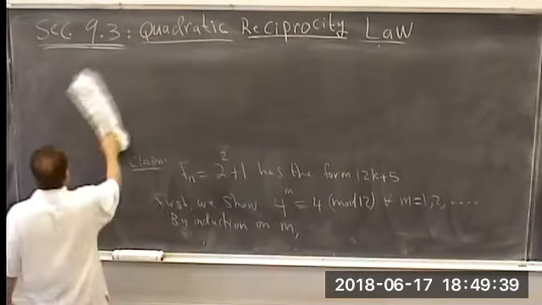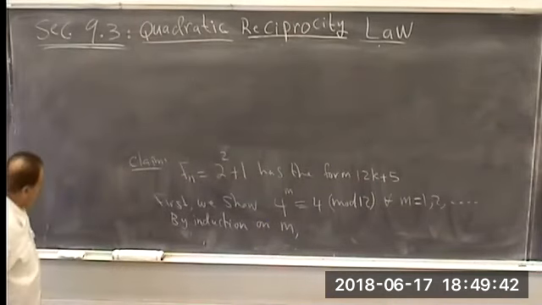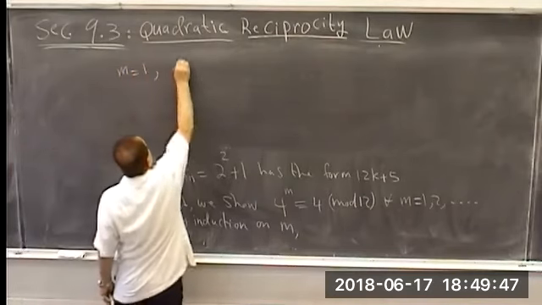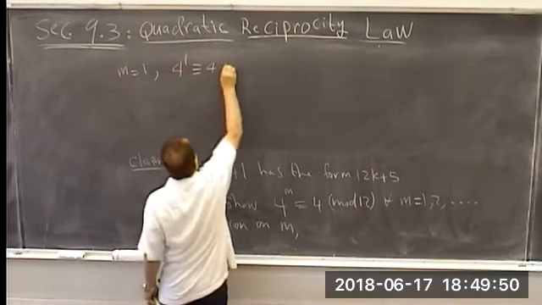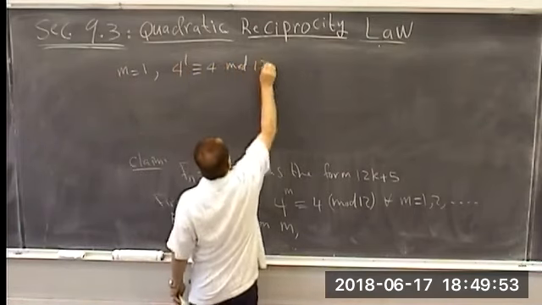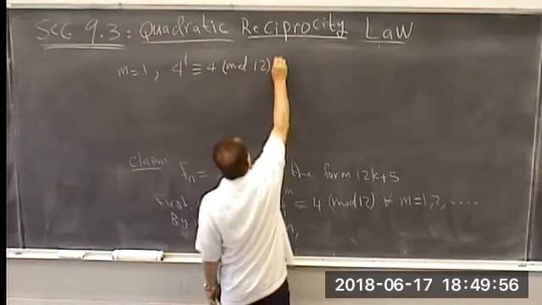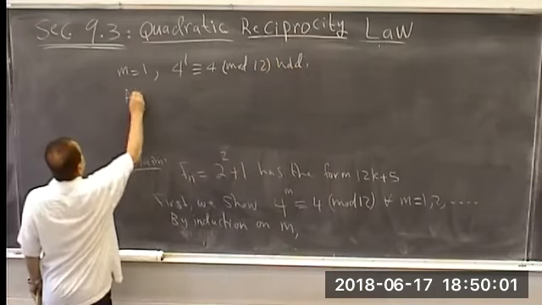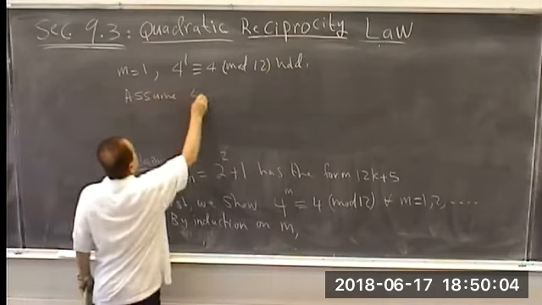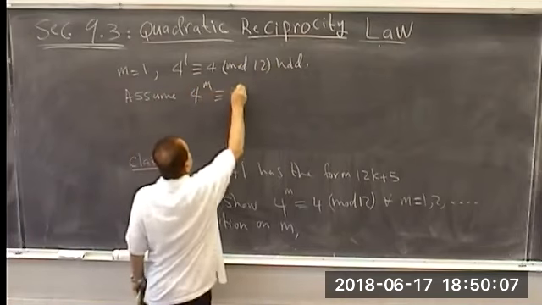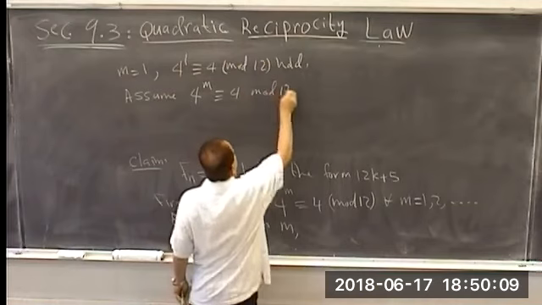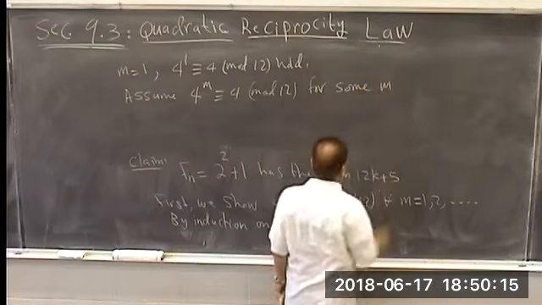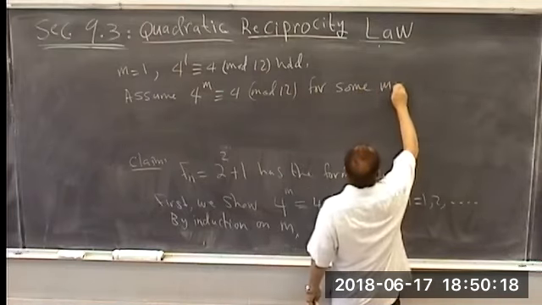Very simple induction proof, actually. For m equal 1, we have 4 to the 1. Yes, it is congruent to 4 mod 12, because we get a difference of 0. So let's assume the induction hypothesis, 4 to the m is congruent to 4 mod 12 for some m greater than or equal to 1.